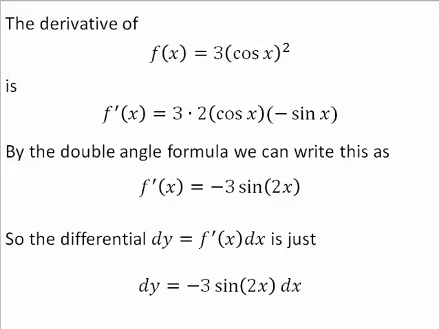So the differential is just dy equals negative 3 sine of 2x times dx. And that's how you find a differential. Just take the derivative, clean it up, and then attach on that small horizontal change dx. And that is the differential dy, which approximates your vertical change.